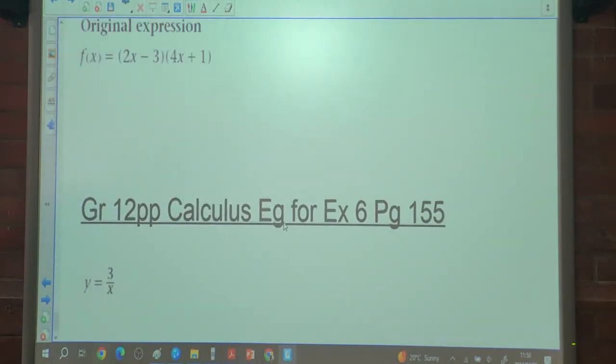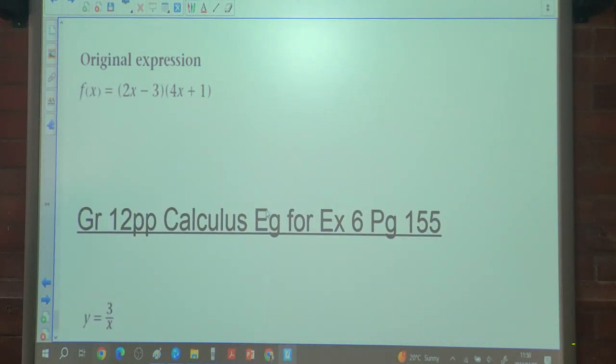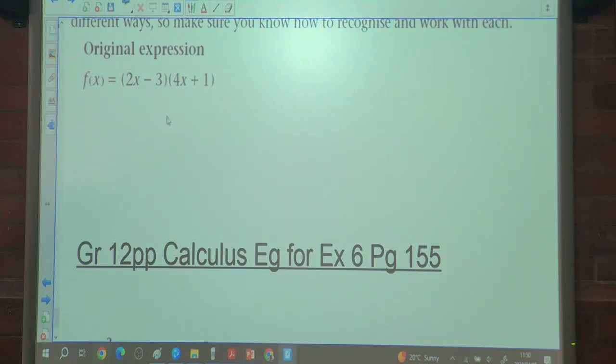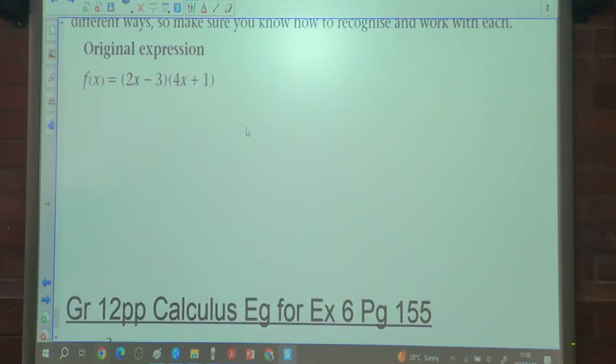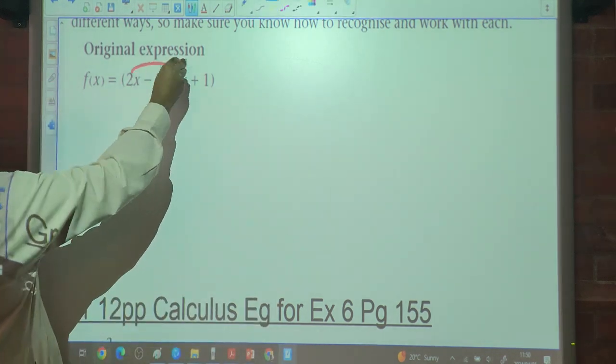So this is the original expression. The question says, find the derivative. Now the question that we are asking ourselves is, is that in the format where we can actually apply the derivative? No. We must get it term by term. So what's the first thing we're going to do here? Multiply the bracket here.